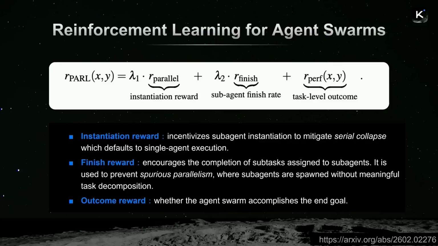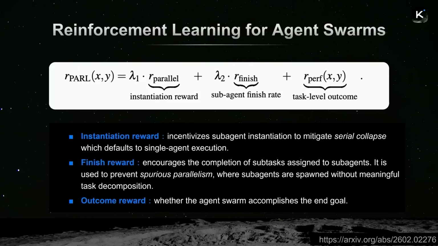It incentivizes sub-agent instantiation to prevent this serial collapse phenomenon from happening. Basically, we don't want it to default to single agent execution. We want to encourage parallel execution, especially in the early stage of training.